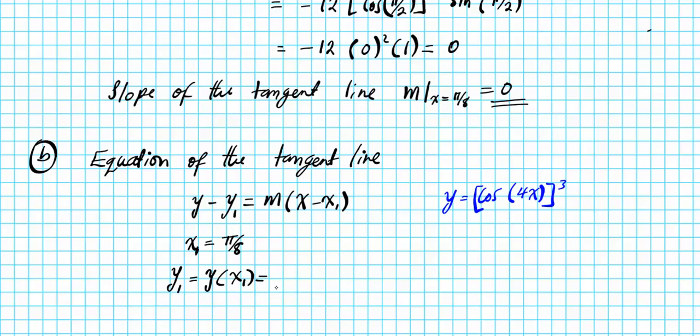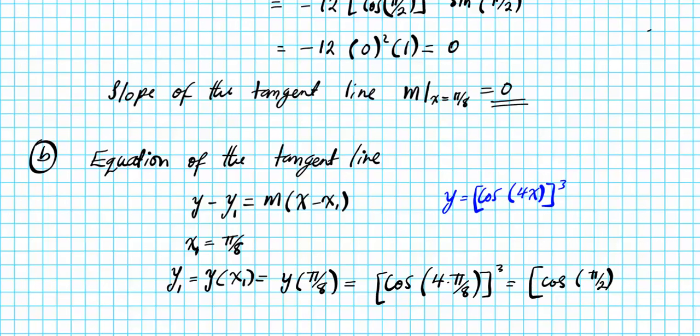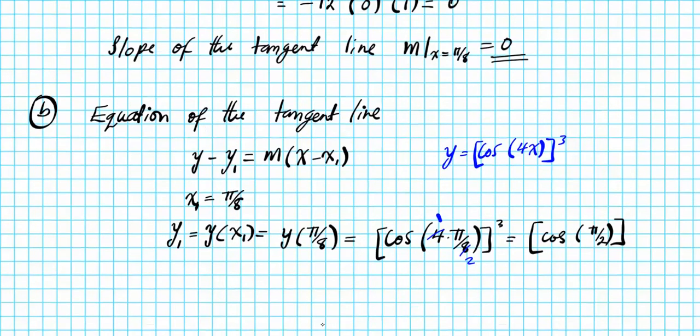That will tell us what y1 is. Okay, so y evaluated at x1 is basically y of pi over 8, the x1 value, which is cosine 4 times pi over 8 raised to the third power. This is equal to cosine of pi over 2 raised to the third power, because 4 goes into 8 twice.